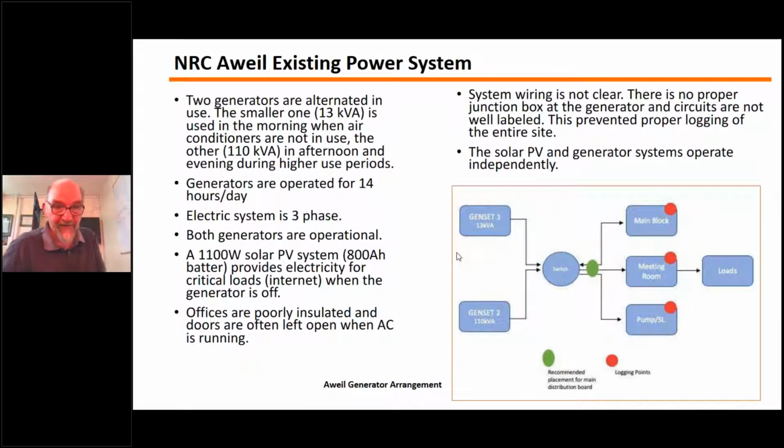They had a small solar system, which was just powering critical loads and the internet. And we also noted that the ACs, the doors were left open. So when they were running the ACs, they were air conditioning South Sudan, which isn't very efficient. The wiring of the site was really poor, and the PV and solar systems operate independently. So we looked at the power system. Next slide.